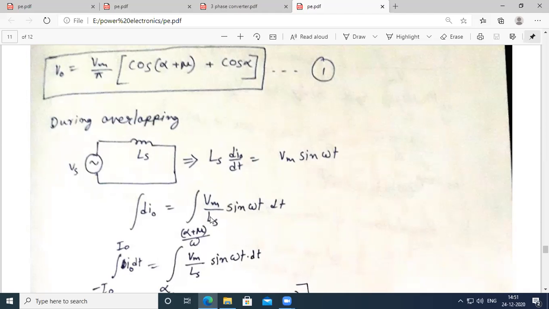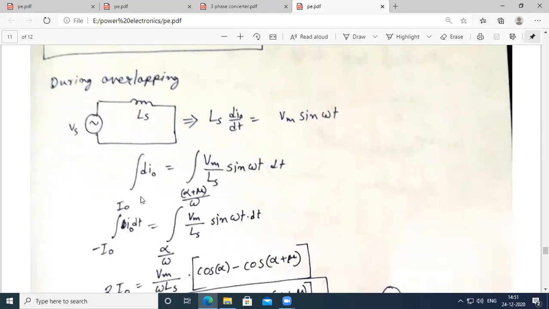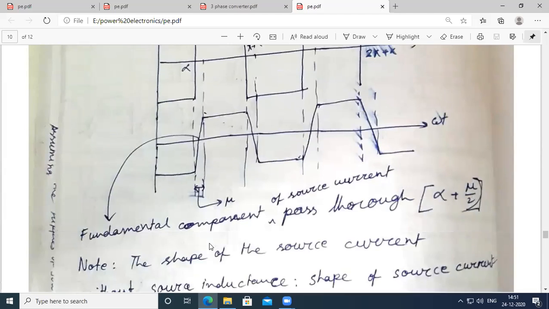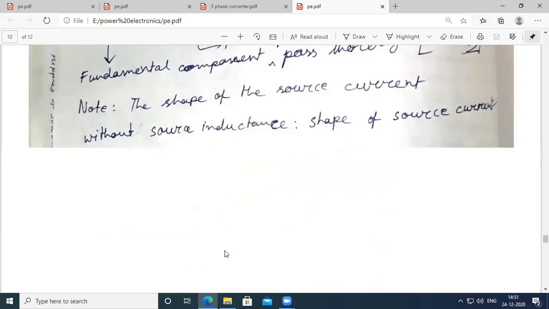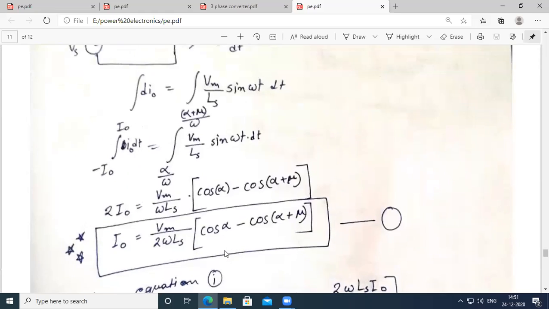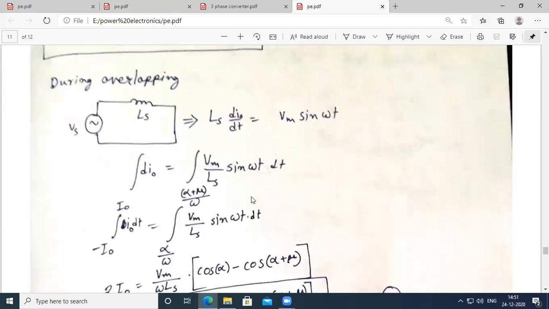Let us consider Vm by Ls as a constant value. Then we will get the current limits. Here we can see in this picture, minus I naught to plus I naught. Since it is dt, we have to change the limit with respect to dt, that is, in place of d omega t we are writing dt.